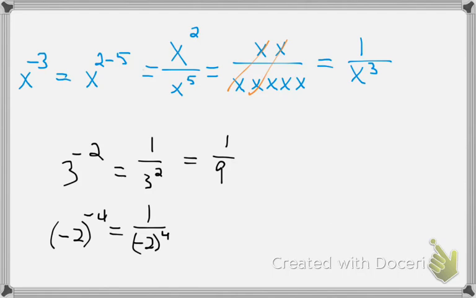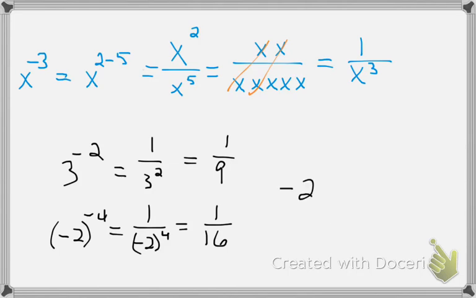They don't even act on the same playing field, so they don't affect each other. They're completely separate. Now, what do I do? So close. 4 negatives would make positive, and 2 times 2 times 2 times 2 is going to be 16. So this is 1/16. Is that okay?